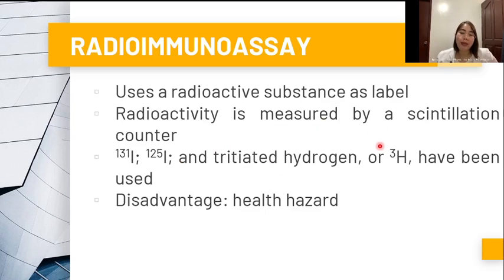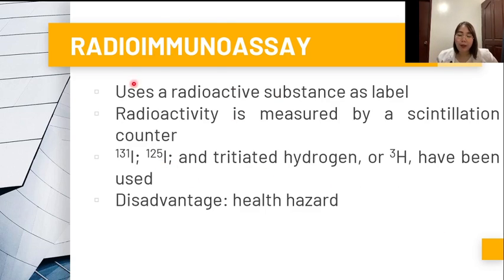Okay, so usually radioactive substances are easily incorporated into protein molecules, and they emit gamma radiation detected by a scintillation counter or gamma counter. And very low quantities of radioactivity can be easily measured. That's why this is widely used. Several radioactive labels including iodine-131, iodine-125, and tritiated hydrogen have been used, but iodine-125 is the most popular among them.